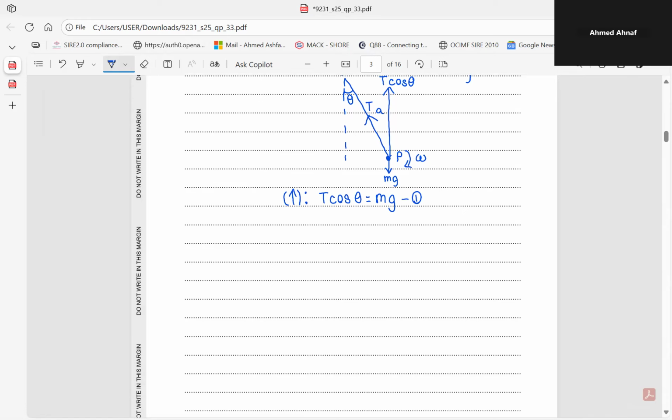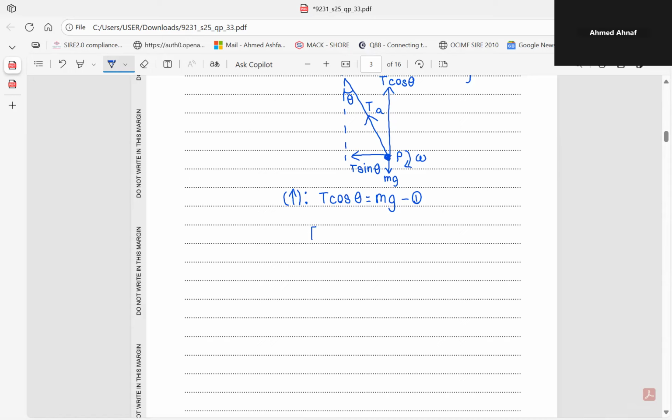Now let's find our centripetal force. So centripetal force is the force acting on the particle towards the center of the circle formed by the object. From our diagram, we can see that it's only made up of the horizontal component of the tension. So this is just T sin theta.